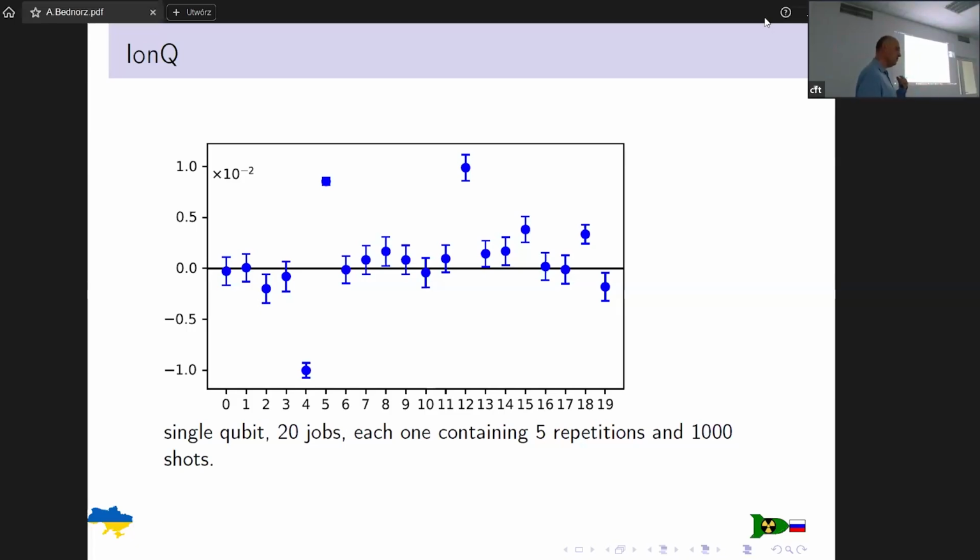So we took just one qubit, and we sent 20 jobs. Probably we made some mistake in sending them, because IonQ told us that this whole experiment cost about $200,000. I didn't pay it.